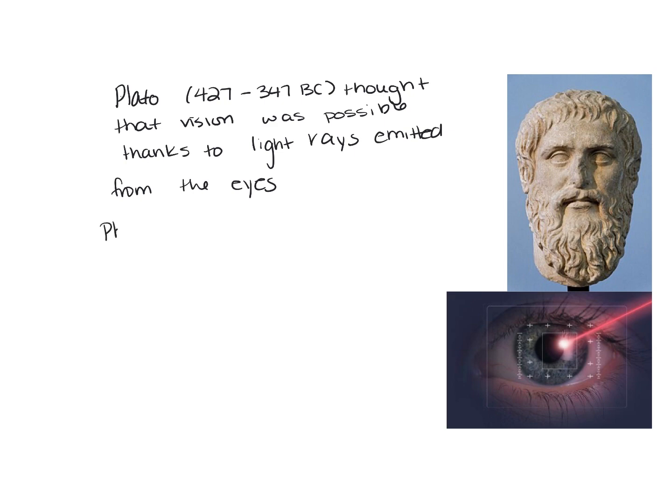There was a problem with this philosophy, which was, why can't we see in the dark? Okay. And so that kind of idea was thrown around, but there was a problem.